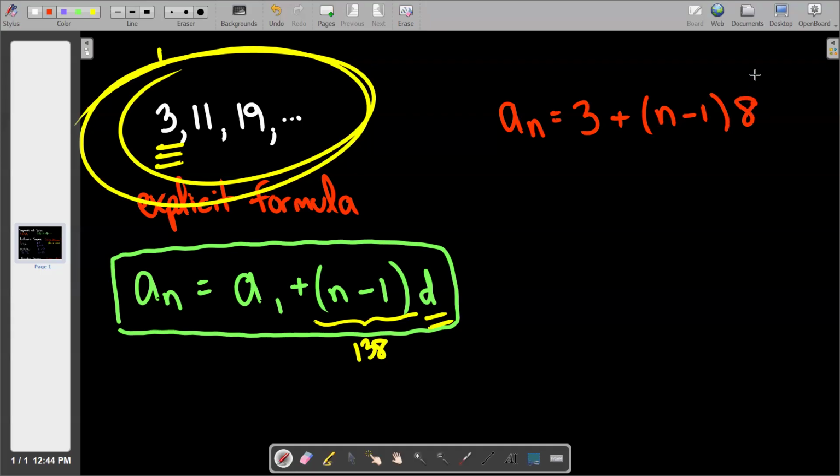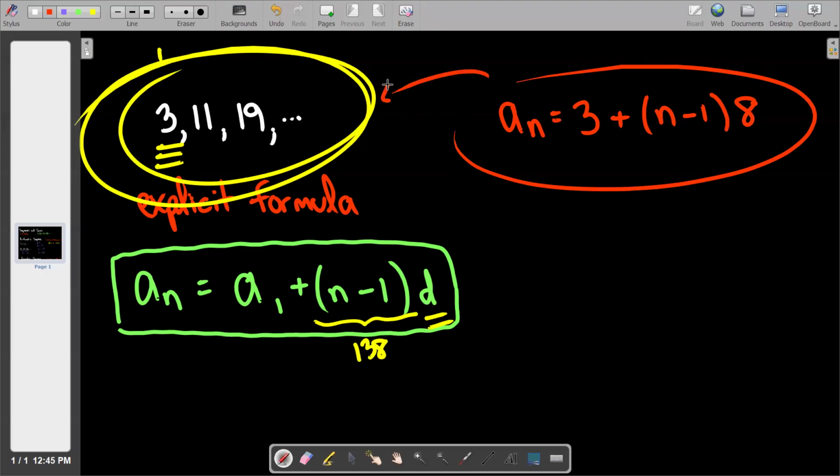Now, I appreciate that you're jumping ahead of me and putting in the 139, but as far as the formula is concerned, this is the explicit formula for this particular sequence. And now if I said, find me the 139th term, you would just grab a calculator and put 139 right there.